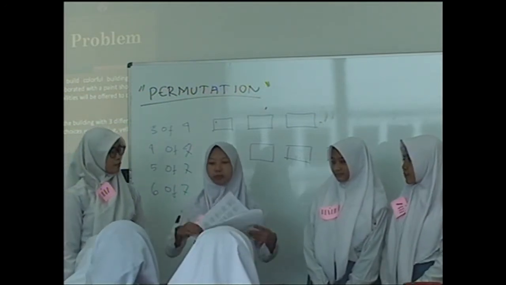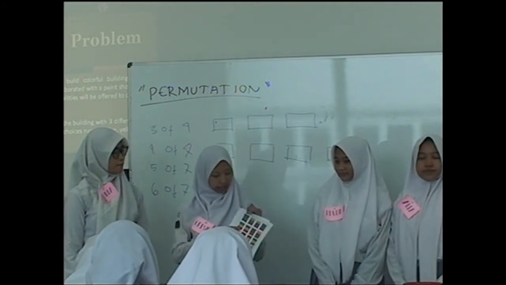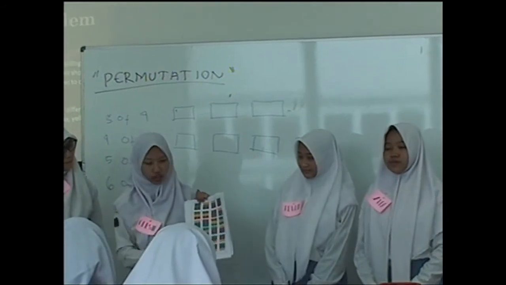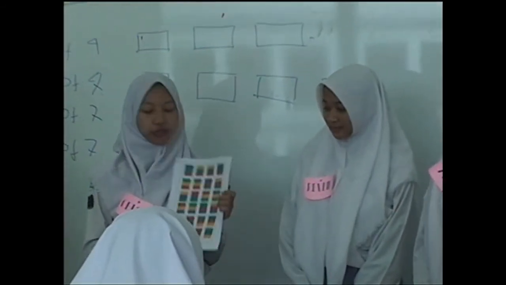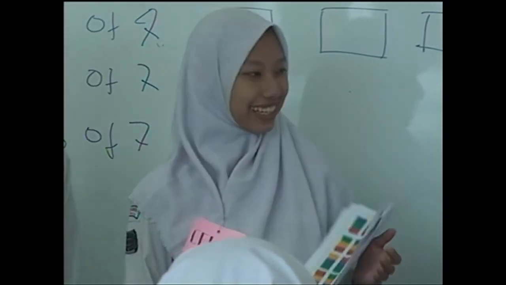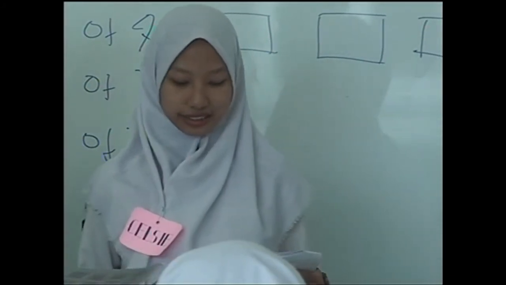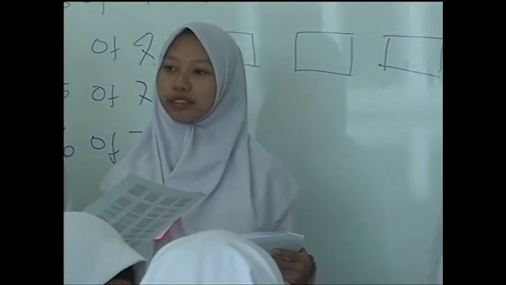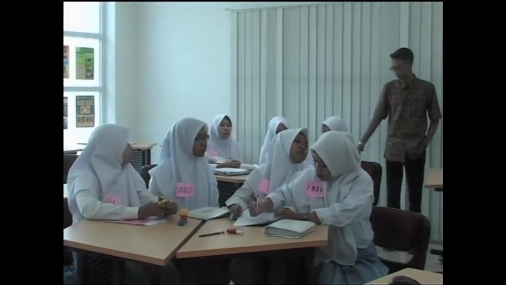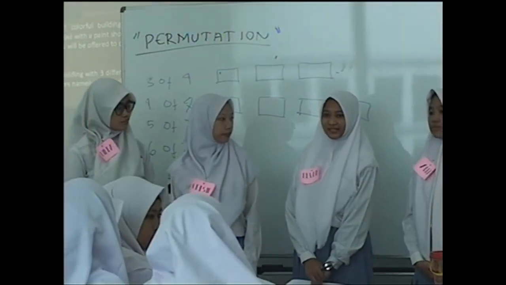Then, we draw the possible color arrangements like this: red, green, blue, and so on. From this, we get 24 possible color arrangements. Okay. Is there any question? No. Carry on.